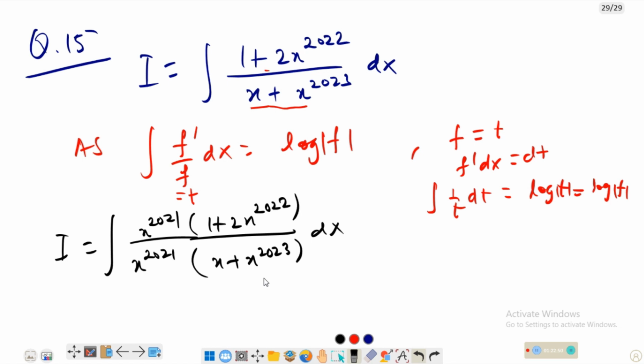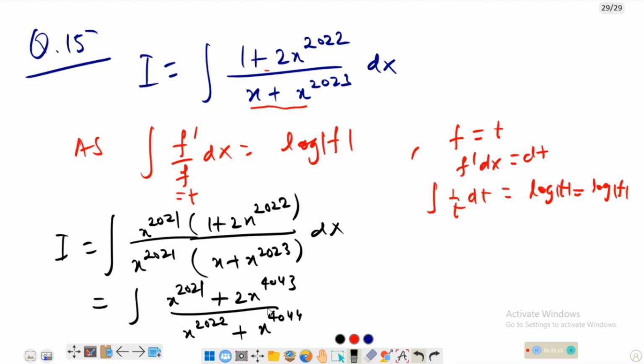So we come to the point x to the power 2021 plus 2 x to the power 4043, upon x to the power 2022 plus x to the power 4044 dx.